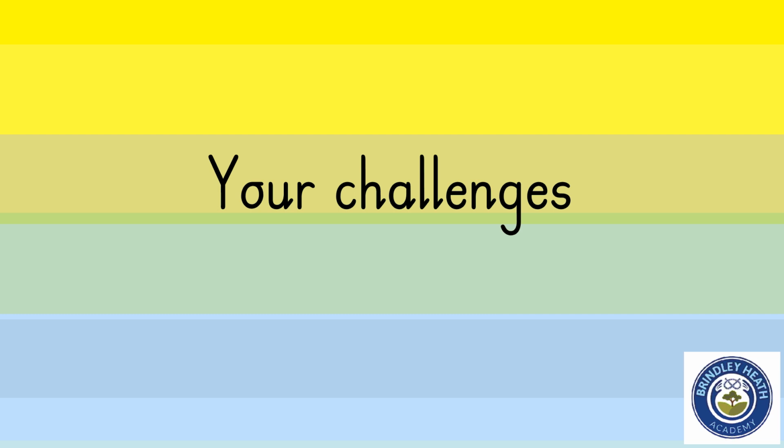Okay, now you've got some challenges that I want you to do. Have a look at these. You've got 6 questions here. In a moment, you're going to pause the video and then I will show you the answers. Remember, partition those numbers first of all into the tens and the ones.